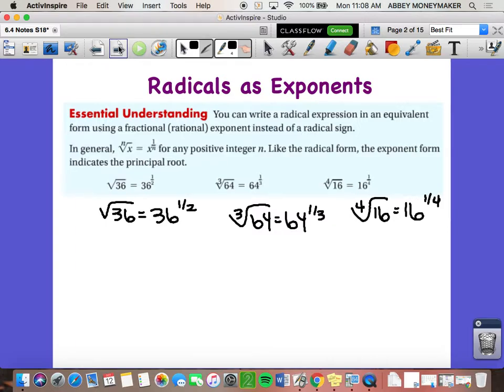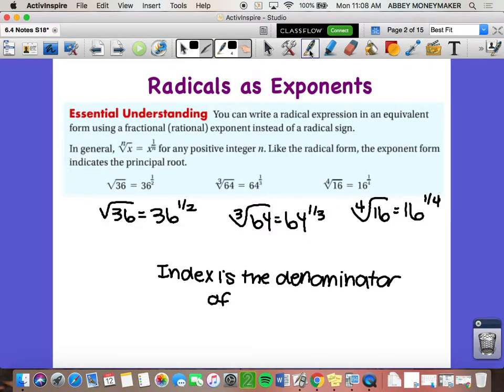So the key thing here to pick up on is your index is the denominator of the exponent.